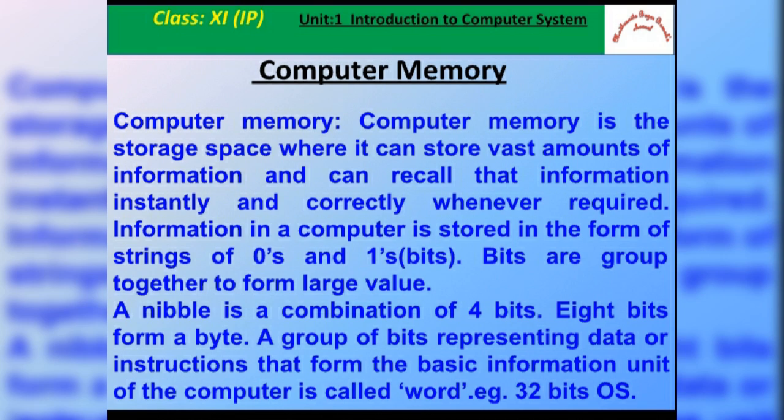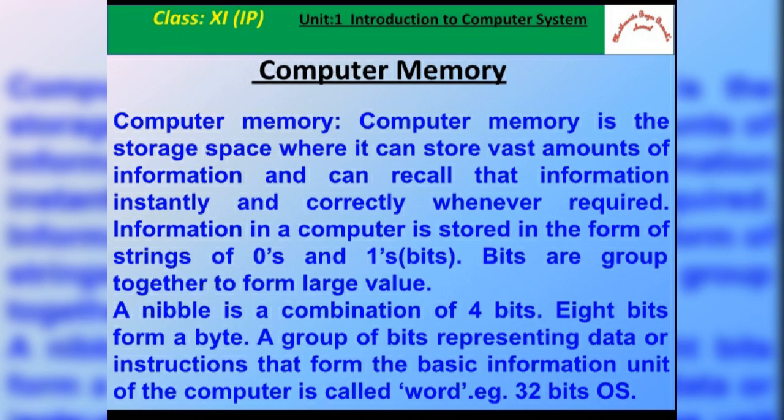A group of bits representing data or instruction that forms the basic information unit of the computer is also called a word. The size of the word depends on the architecture of the computer, how the computer is architected. A word can be defined in terms of bytes.